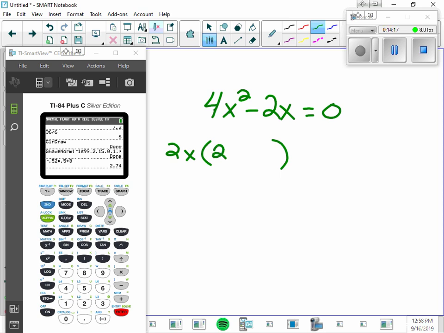I take an x out of the x squared, so I get x. Minus, I take the 2 out, what's left? 1. I take the x out, so it's just 1. Then I write equals 0. The first one is just x equals 0. The next one we add 1 and divide by 2.